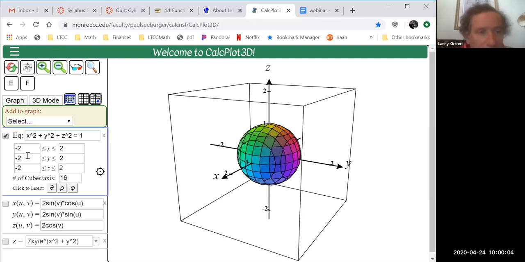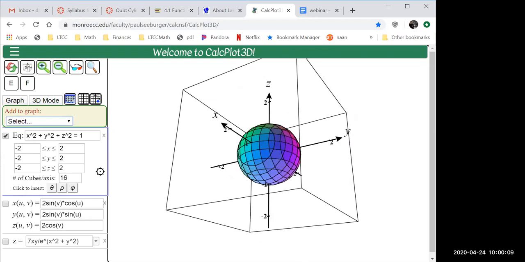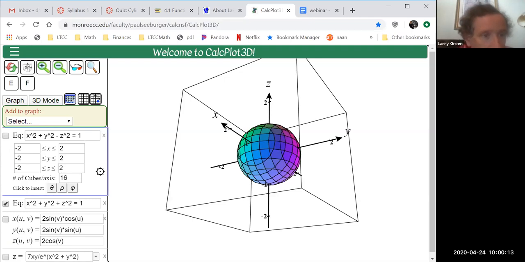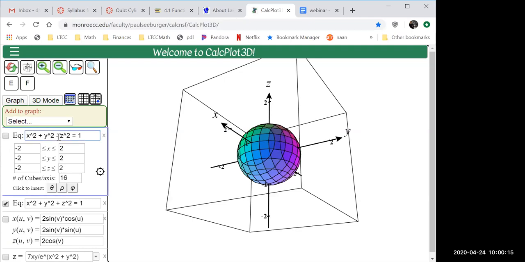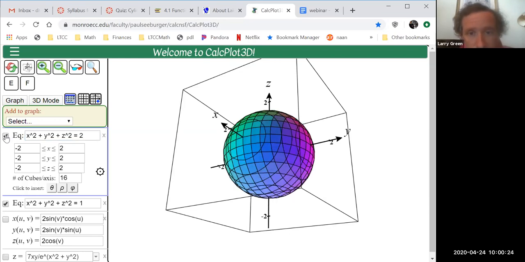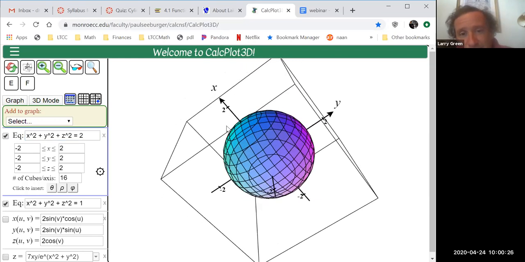Okay. And then I could draw another one. So let's add another implicit surface. And we could have x squared plus y squared plus z squared equals, how about 2? Okay, I can't see both of those very well.